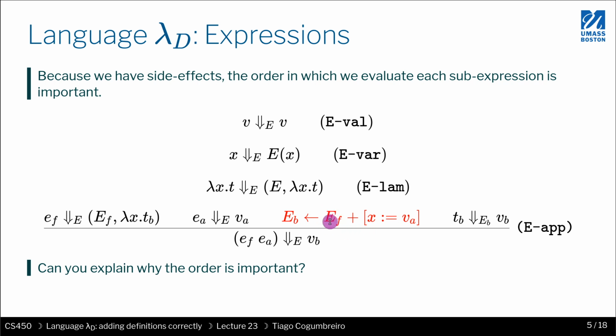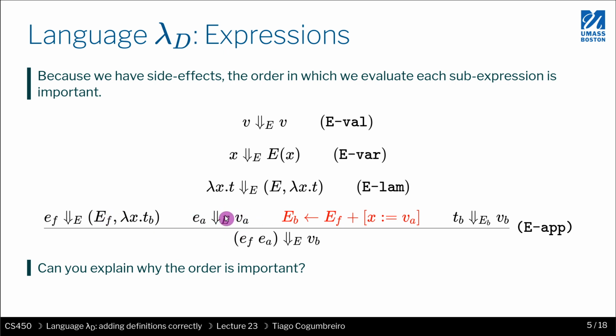then E of F will not observe side effects that came before it. In this case, you wouldn't be able to do it because for V of A, you need this value, and to get X, you need to get it from here. So I don't think there is a problem here, but in principle, I just want you to be mindful that the order of these things has to be, first you execute this, and then you execute that.